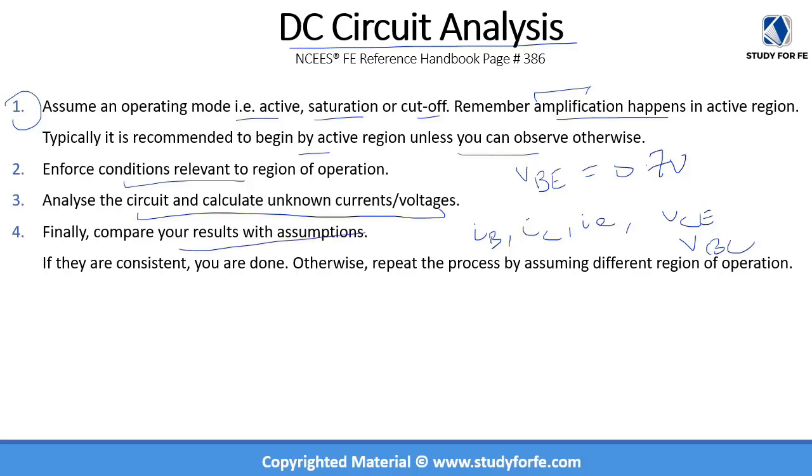And finally, just compare the results with the assumption. If they are consistent, then you're done. Otherwise, you will have to go back to step number 1 and assume a different state of operation. Typically you would assume that it's in cutoff region, especially if one of these currents is turning out to be negative or 0, then cutoff is the next logical assumption to make.